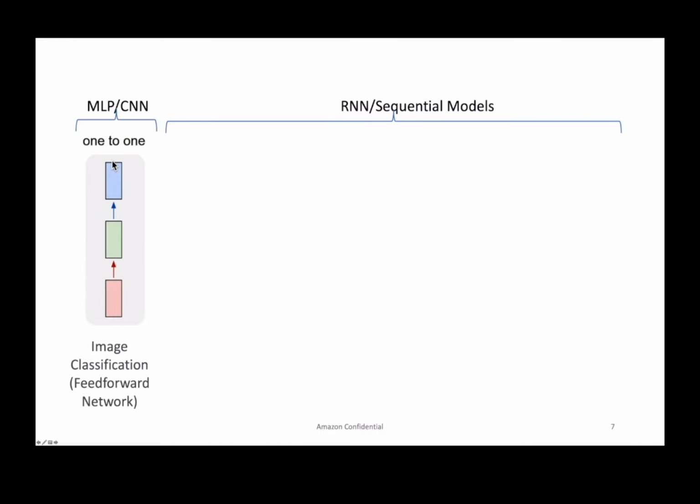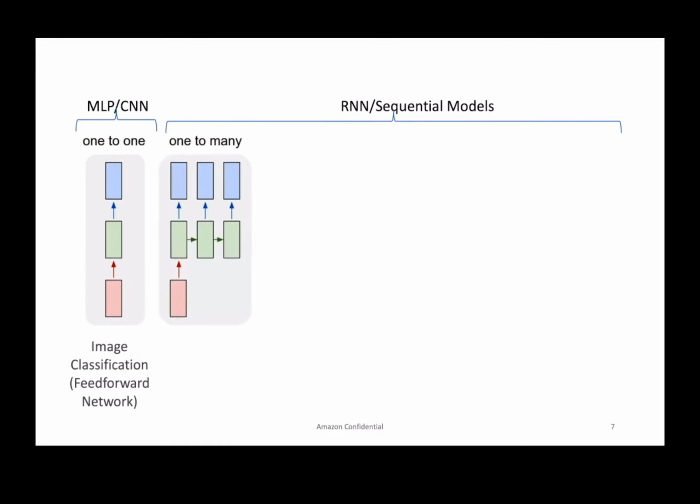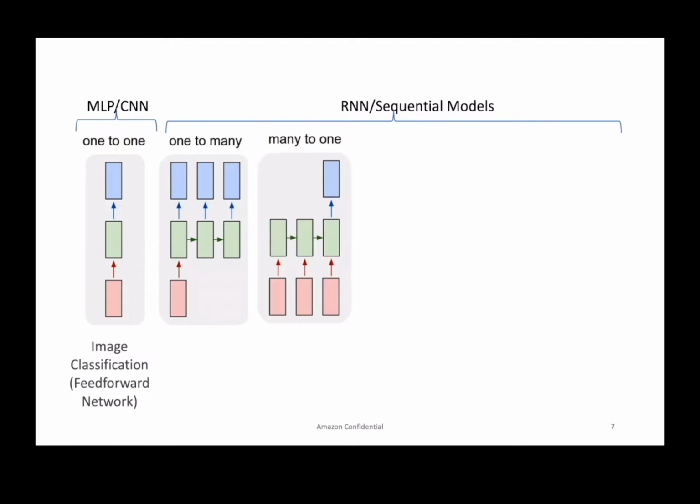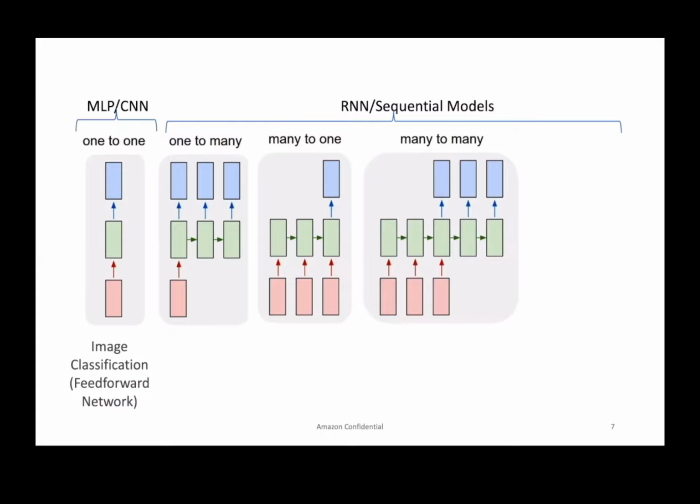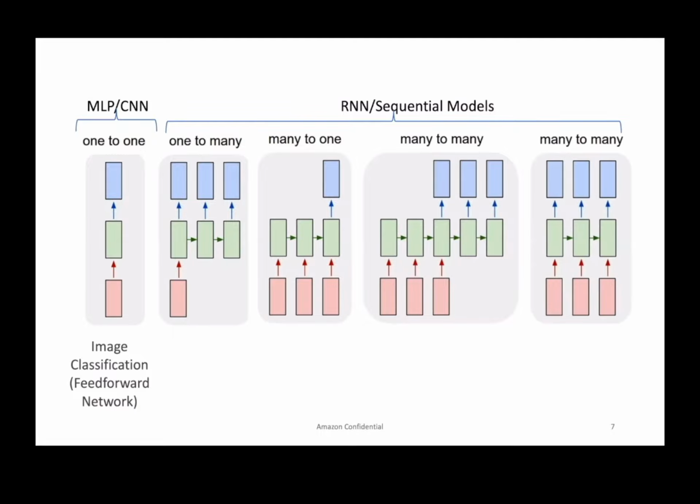But in the case of RNN, there could be multiple variations. It could be one to many, for example videos or translations. It could be many to one, like sentiment analysis. It could also be many to many, and it could also be many to many in a little different form, which is direct generation.